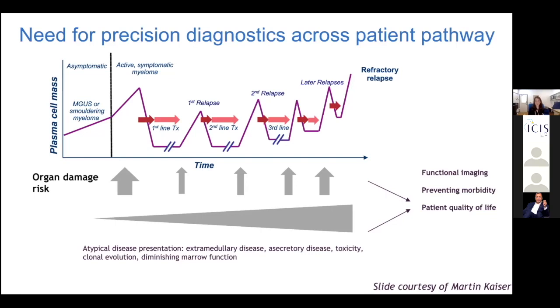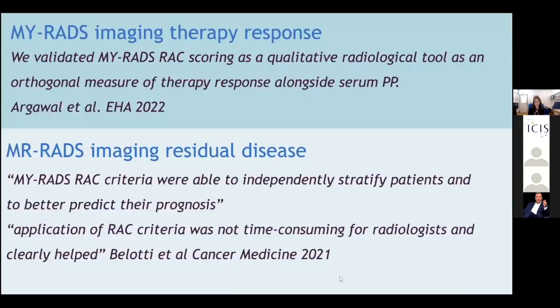We see more extramedullary disease. The disease becomes non-secretory or asecretory, and so the laboratory parameters become less reliable, and the patients have accumulating toxicity. So relative to the serum biochemistry, over time, the imaging becomes much, much more important for clinical decision-making.